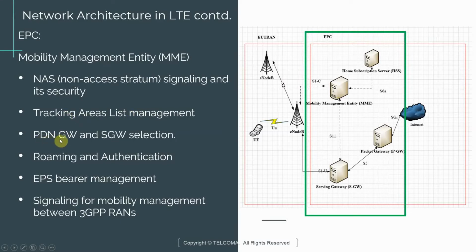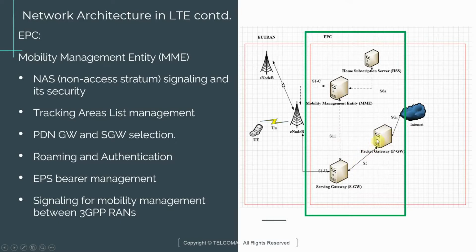The MME is also responsible for selection of the PDN gateway and the S gateway, serving gateway, and the packet data gateway. So as you can see here, there is a serving gateway, and there is a packet gateway here, right? So the MME, based on certain criteria, selects which serving gateway and which packet gateway to select from a pool, because you can have multiple instances of these depending on the size of your network.